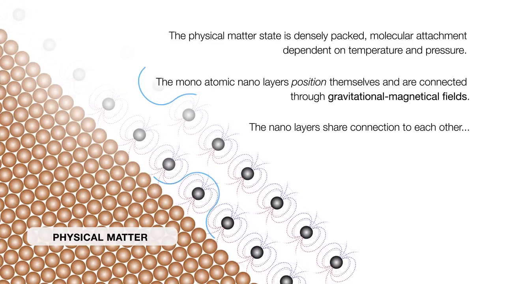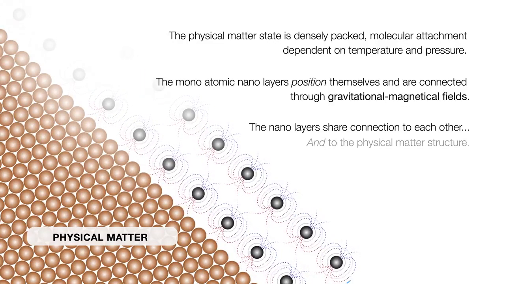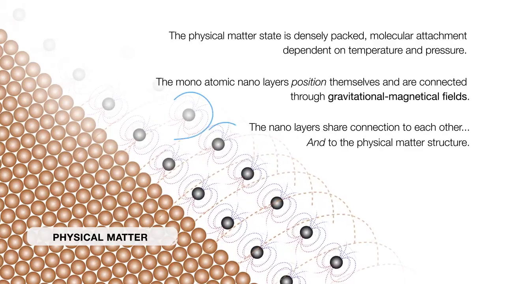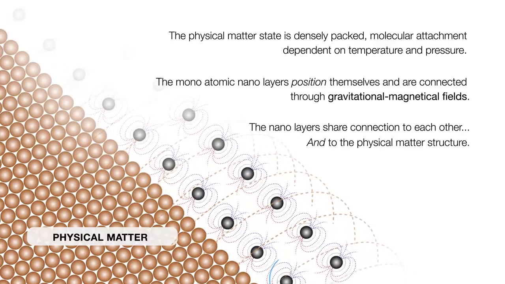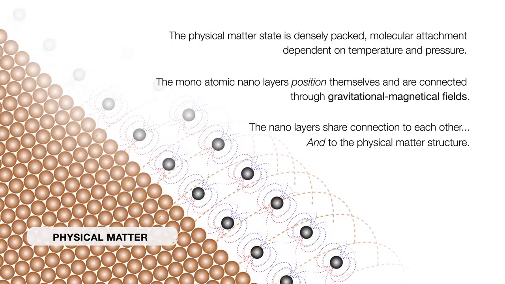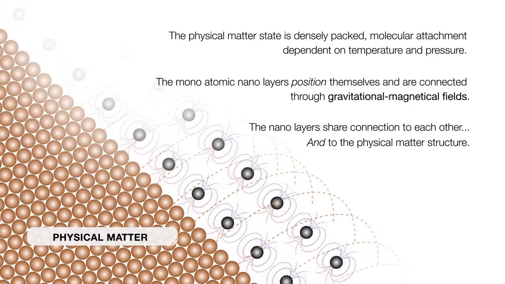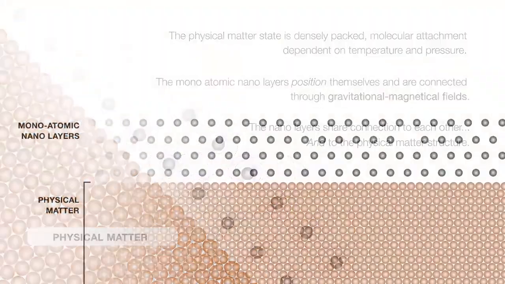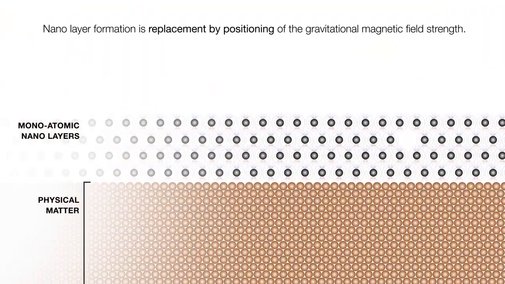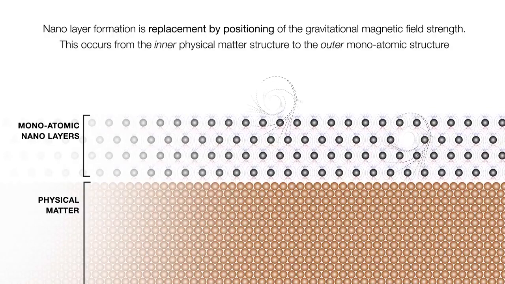The nanolayers share connection to each other and to the physical matter structure. That connection is the fields. Nanolayer formation is replacement by positioning of the gravitational magnetic field strength. This occurs from the inner physical matter structure to the outer monoatomic structure.